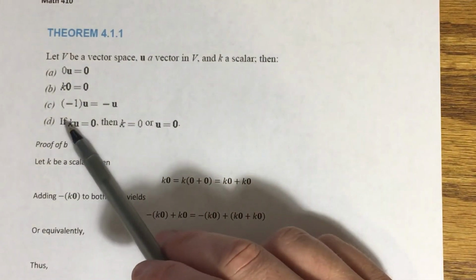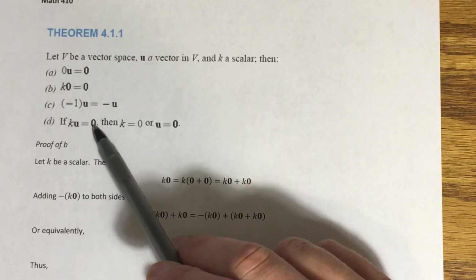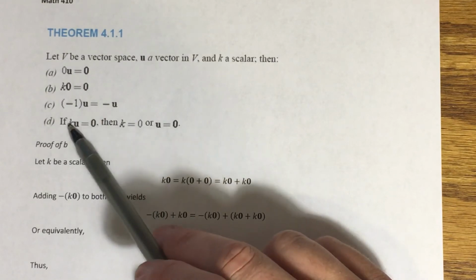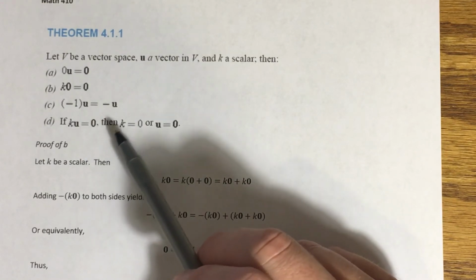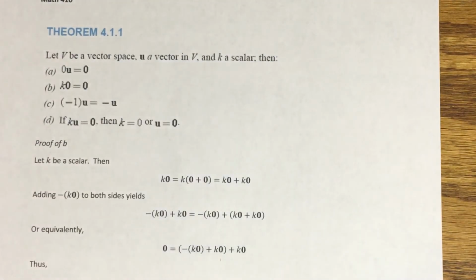And this one says if I multiply a scalar k times a vector u, and the result is the 0 vector, then one of those two quantities had to be 0. Either k was the scalar 0 or u was the vector 0. We've seen this property specific to vectors in Rn already.